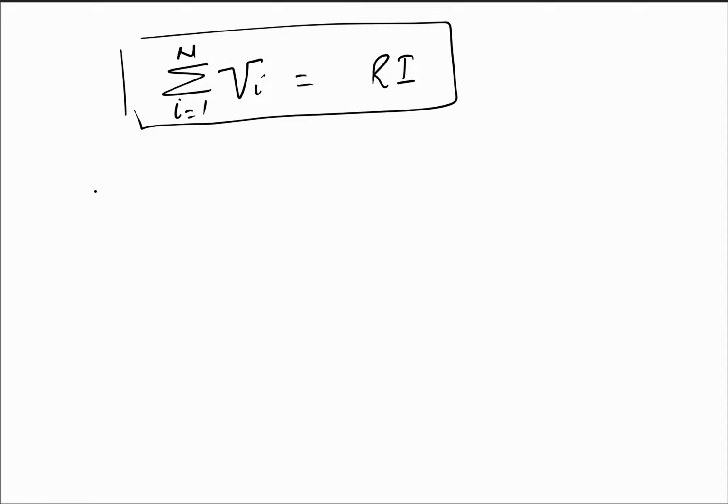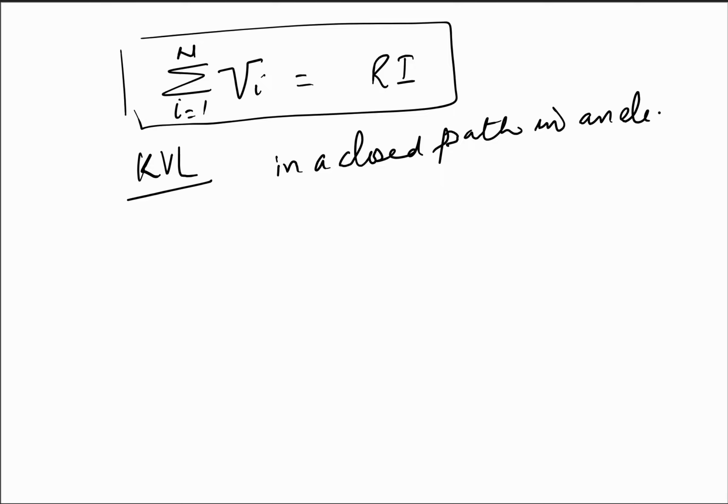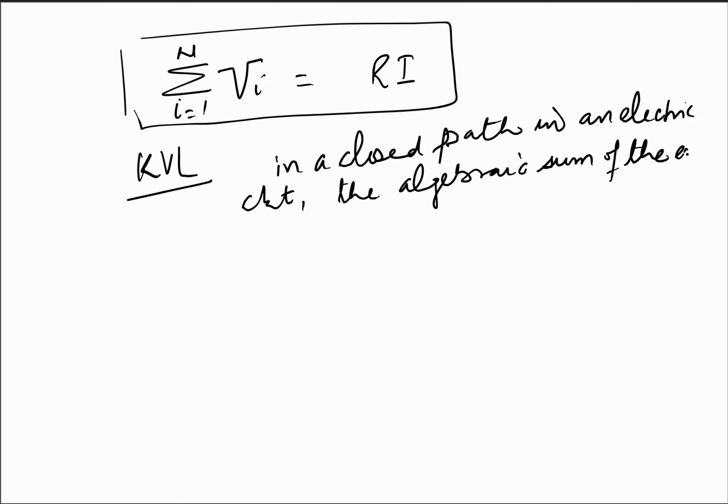Or in words, I can write that this KVL, Kirchhoff's voltage law, states that in a closed path in an electric circuit and steady conduction, the algebraic sum of the EMFs, although it is called electromotive force, but it is not a force. It has the same unit as that of potential, because I've shown V is equal to V12, the electrostatic potential.